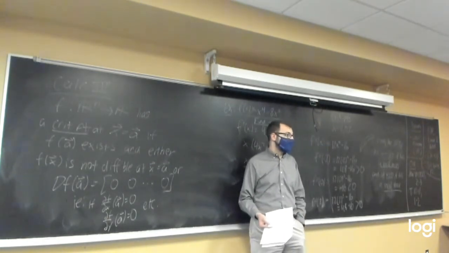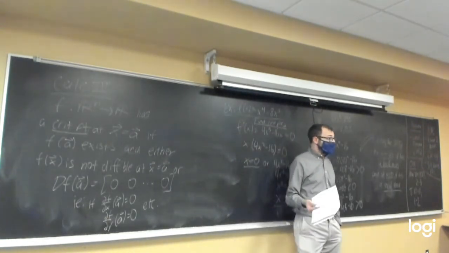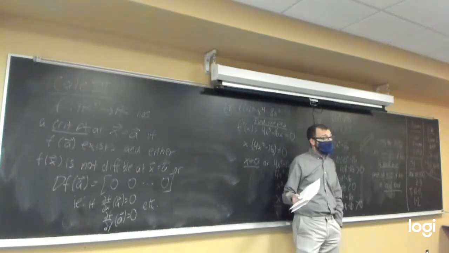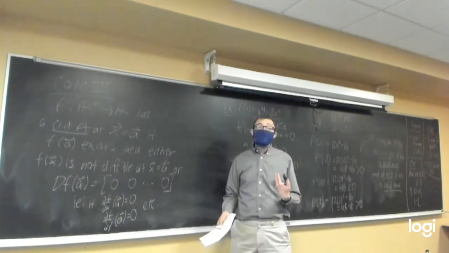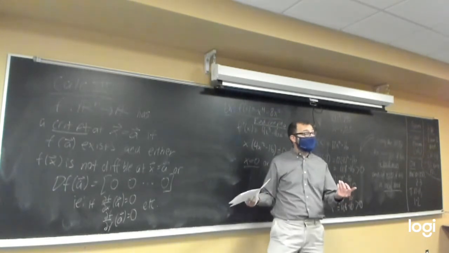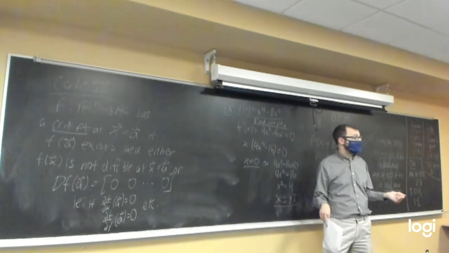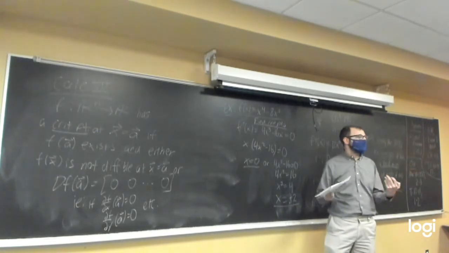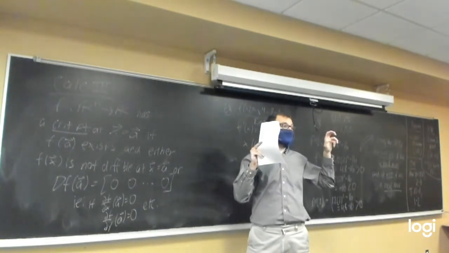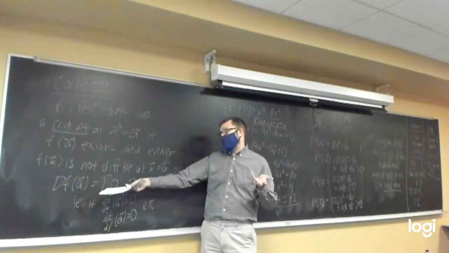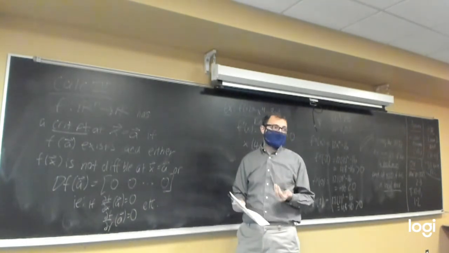Meaning if one or more of the partial derivatives are undefined at a or are not continuous there. So critical point means basically the same thing as it did for a Calc 1 function. We just have to update the notation a bit to say, what do we mean when we say the derivative is 0? It means that all the entries in the derivative matrix come out to 0.